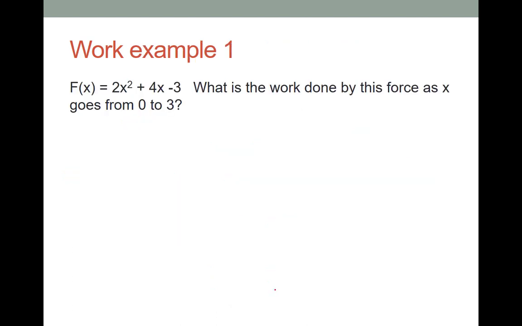So now let's do a couple of examples. We have a force here, f of x. We want to know what is the work done by this force as x goes from 0 to 3. It isn't stated, but it's implied that this is the x component of the force.